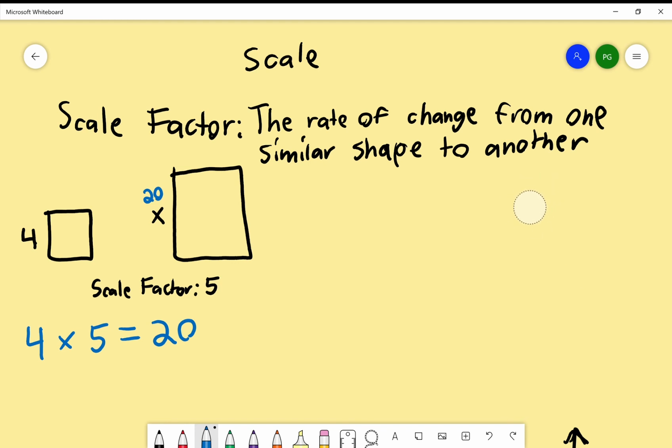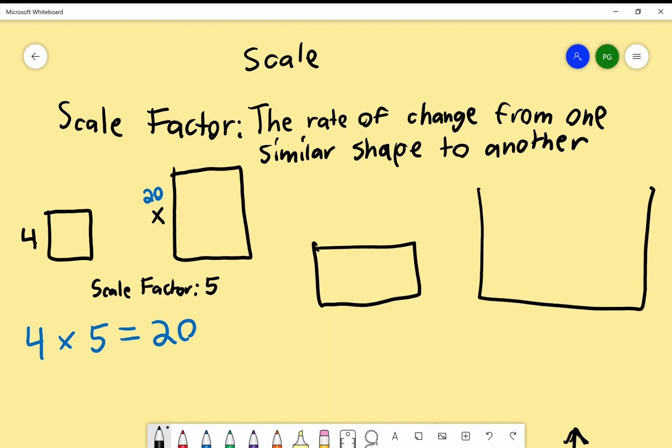Okay, so here, what about a rectangle? Now, let's draw the other way. Let's say I have a rectangle here and a rectangle here. Let's say I tell you the bottom of this rectangle is 20 and the scale factor is going to be 3. What's the value of x down here? Please notice that I'm always comparing corresponding sides.